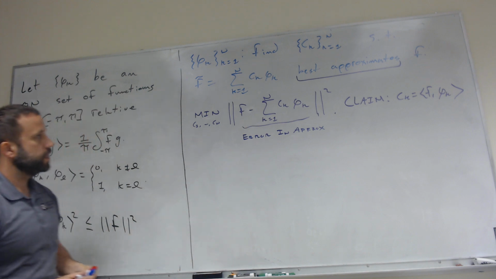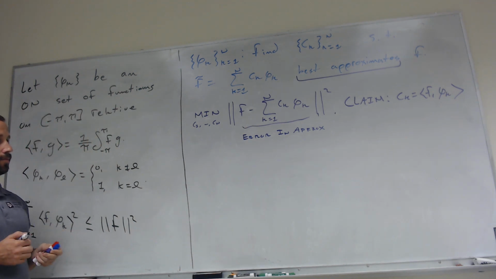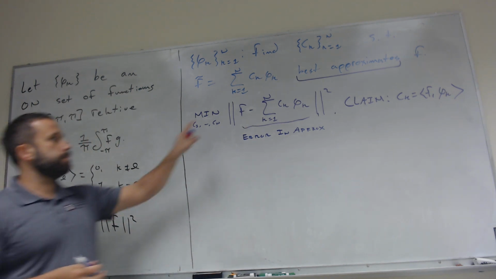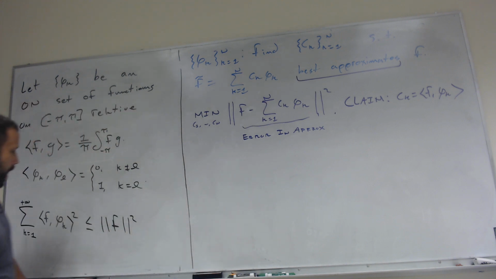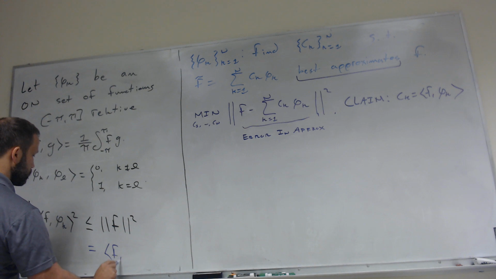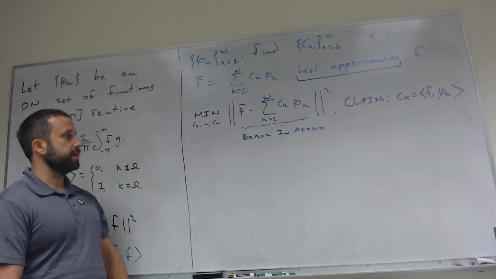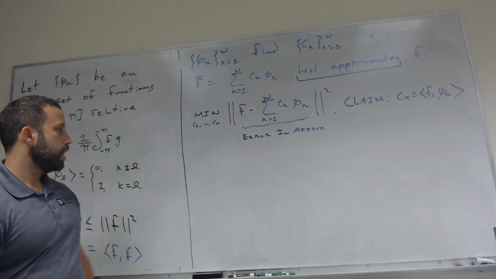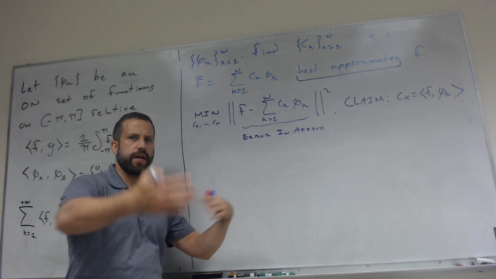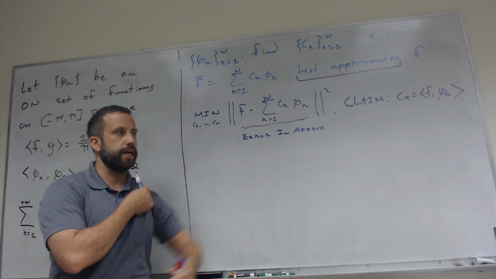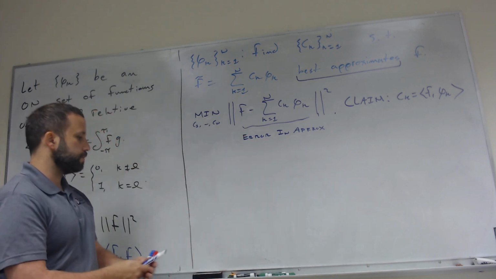Okay. So all we're going to do is compute this. And remember that the norm squared is just the inner product of a function with itself. Now, the first few steps of this are just going to be a whole lot of tedious algebra. I'm going to do it all down here, and I'm going to be erasing and rearranging as I go because I don't have unlimited board space.